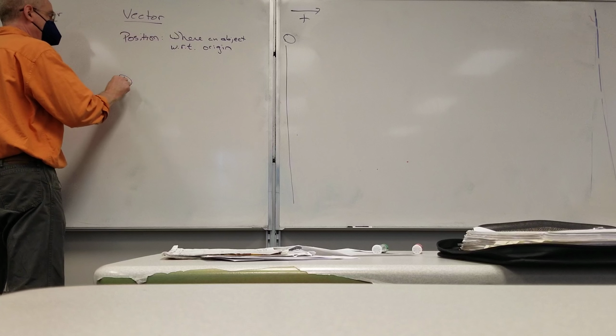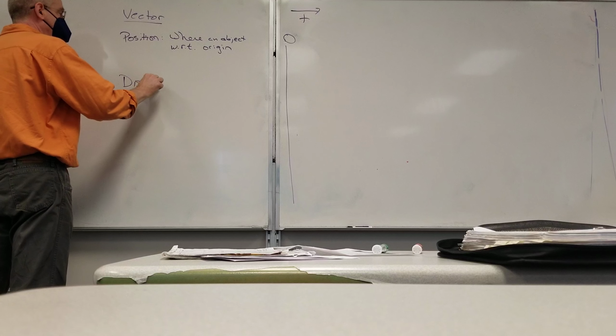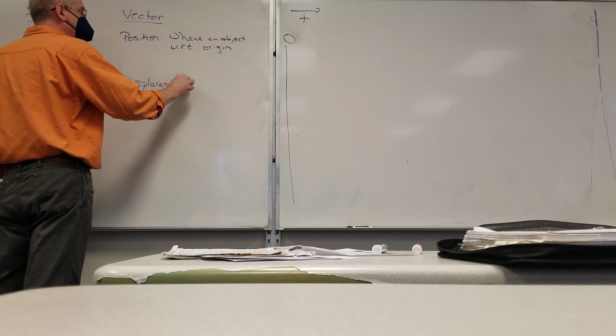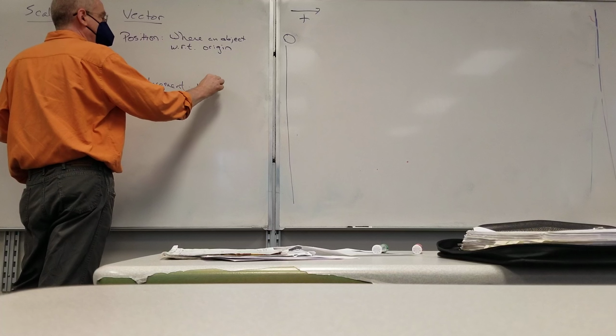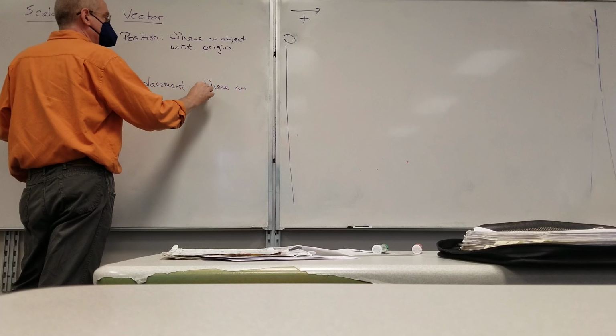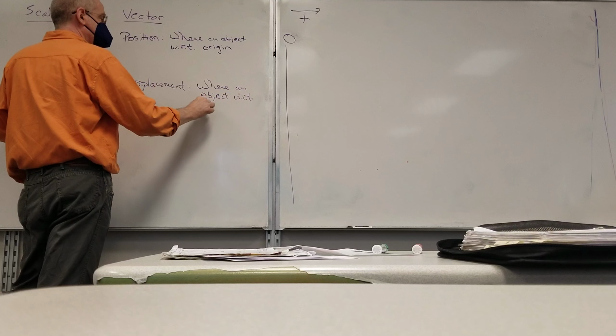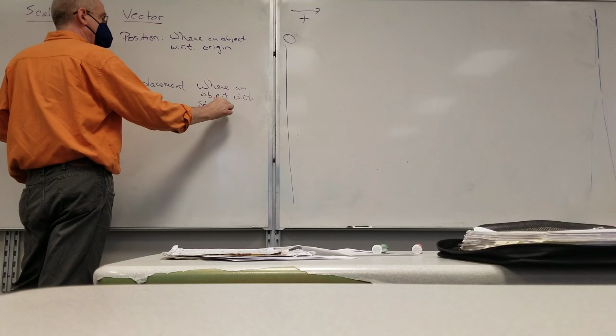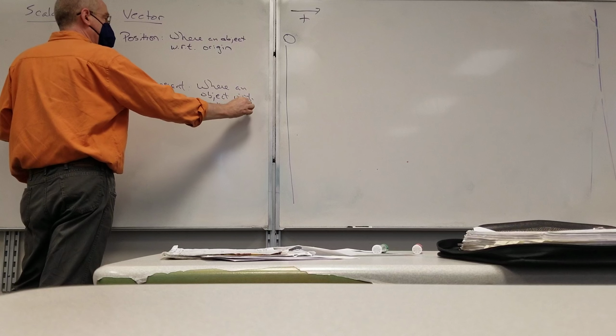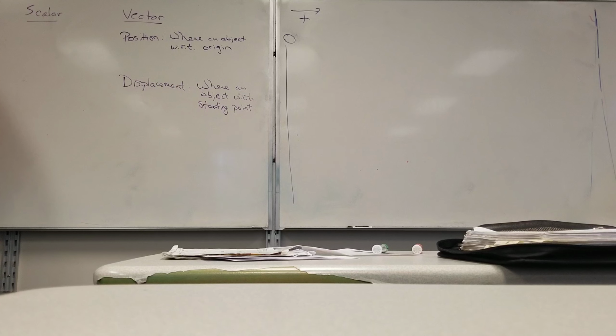Displacement. Where an object is with respect to starting point. Now, we do have two different kinds of displacement, depending on context.